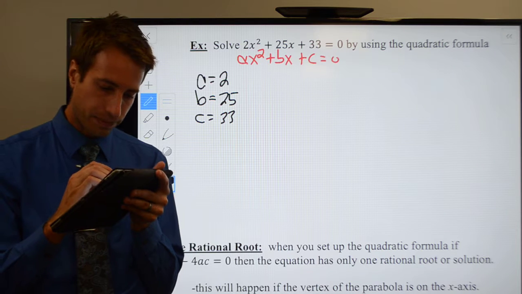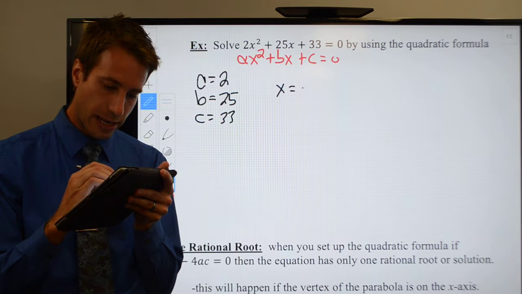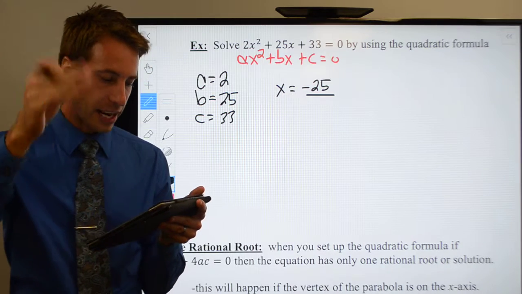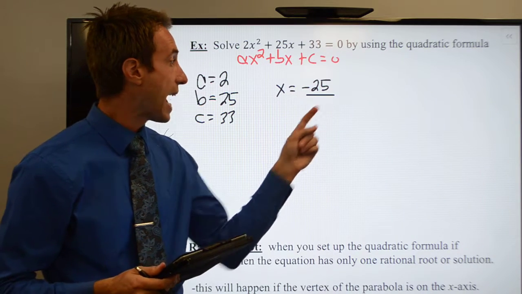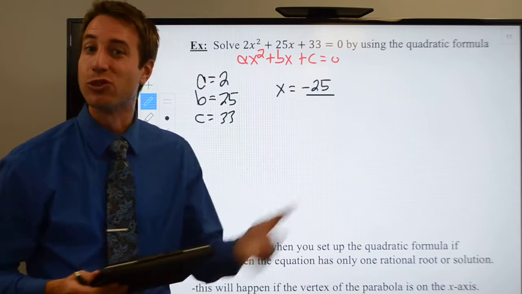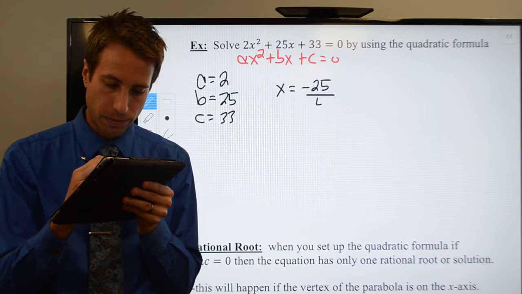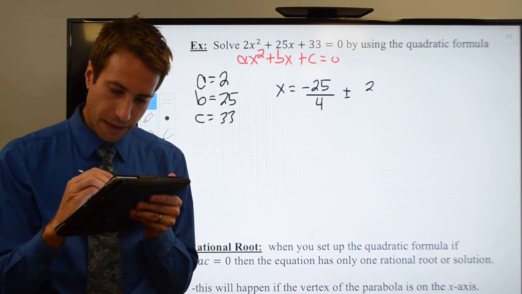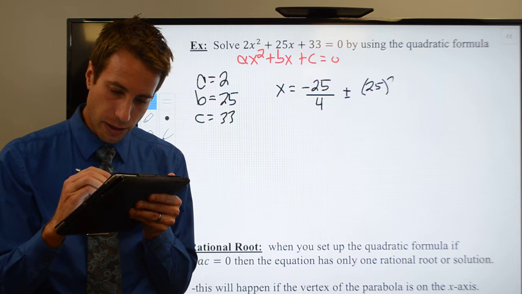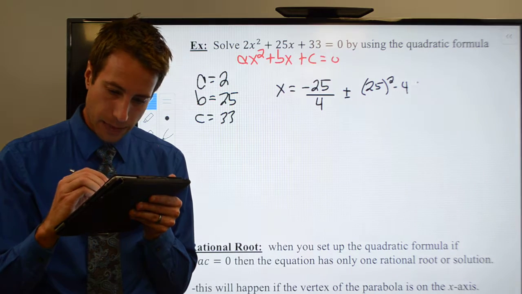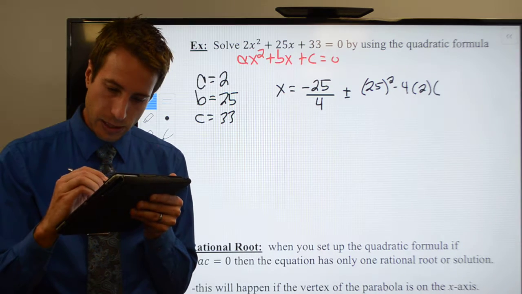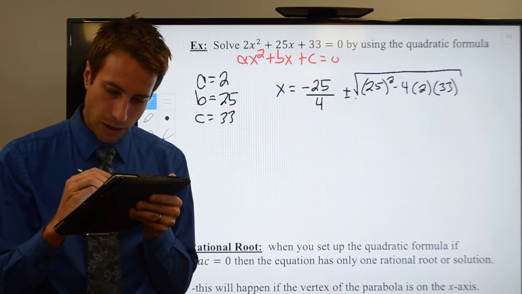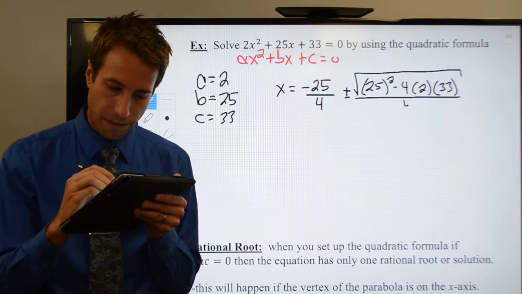Plug and chug. x is equal to a negative 25 divided by, careful, it's 2a, but my a is a 2, so it'll be 2 times 2, which is 4. Plus or minus the square root of 25 squared minus 4 times a, which is 2, times c, which is 33, all divided again by 4.